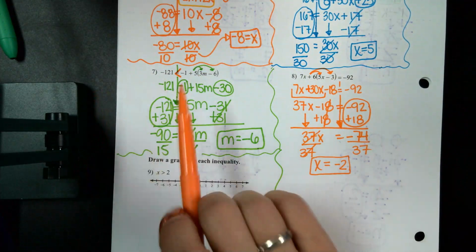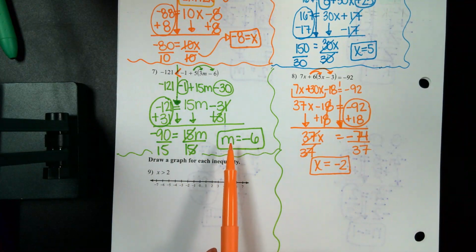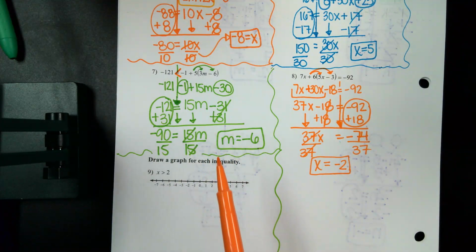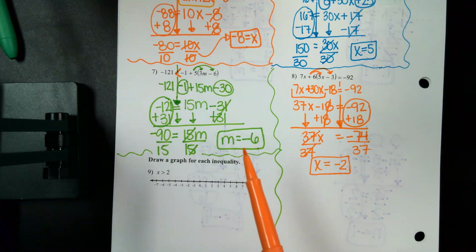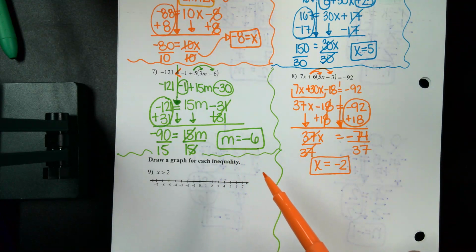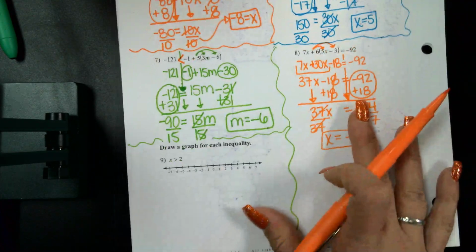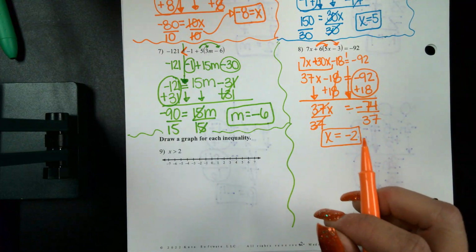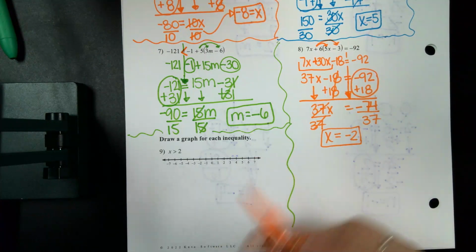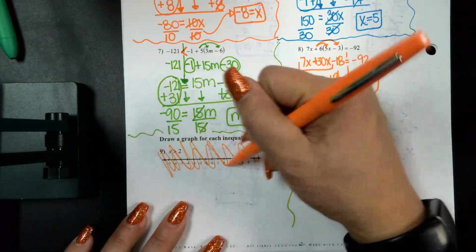Now, if you have a less than symbol, and at the very end you decide to flip that around, does a less than symbol still stay a less than symbol when you flip it? No, it becomes a greater than symbol. So that's why I think they just kind of threw this on here. I'm not really concerned about number 9 right now because it doesn't go along with what we're doing. So we're just going to skip it. I will eventually teach you a whole lesson over inequalities. So let's not worry about this right now.